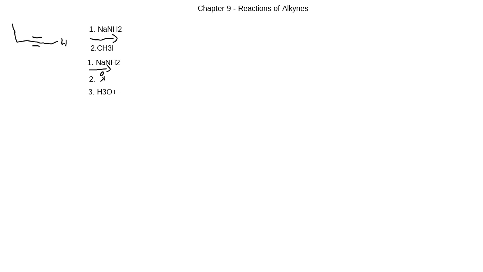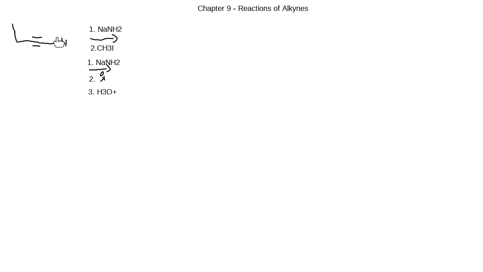Okay. All right, so the first reaction, what's going to happen is the NaNH2 is going to act as a base. Okay. And what do bases do? They deprotonate and accept protons, right?